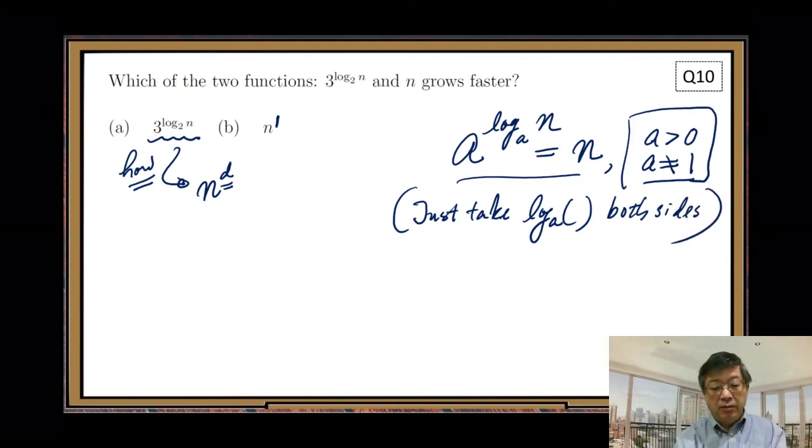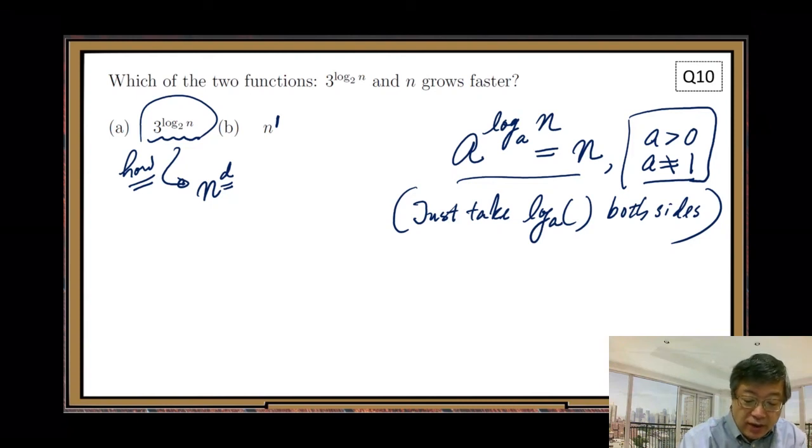After you take log base a, both sides are equal, so before you take it, they must be equal as well. This formula is critical for us to simplify the expression.